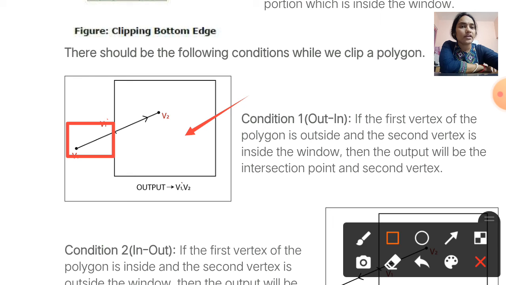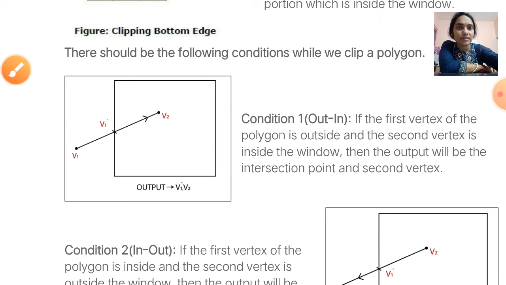Then the output will be only V1 dash and V2. V1 dash is the intersection point. In the clipping window only V1 dash and V2 will be saved.